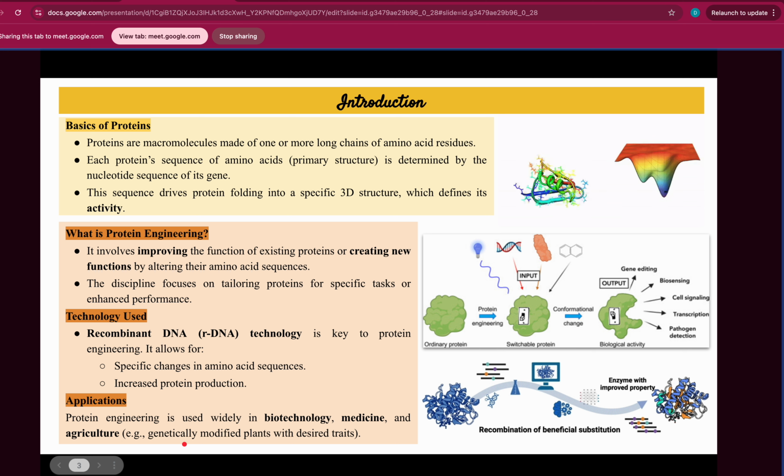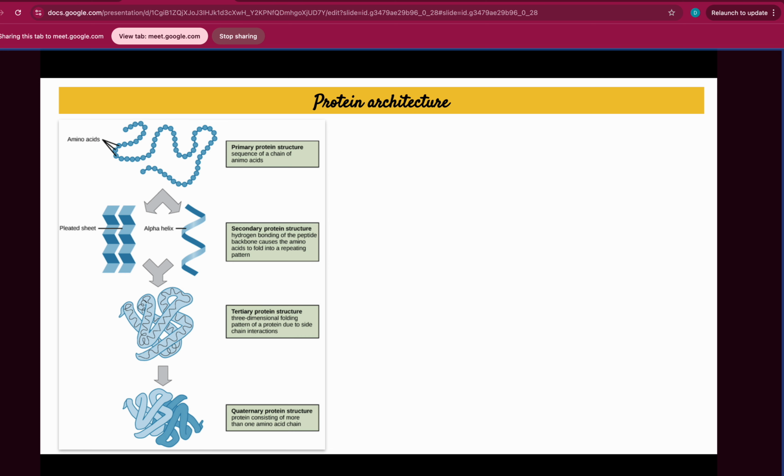We can design plants, or enhance the traits of certain plants, so that they can deal with extreme conditions, such as being grown where there is water scarcity or high temperature. So with recombinant DNA technology, we can make those changes in the protein, or in an organism, such that it gives better activity. This all comes under protein engineering, in which we are engineering the protein.